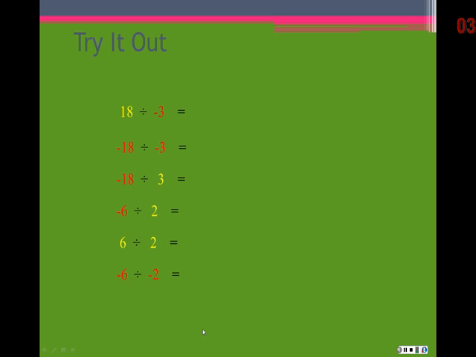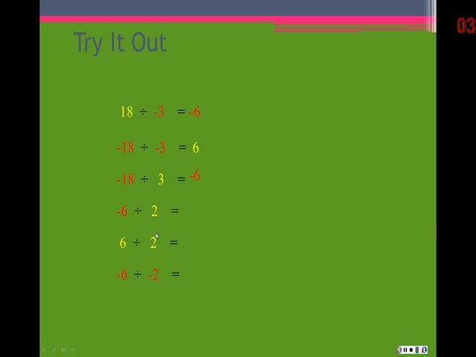Now, remember the same rule applies for division. What is 18 divided by a negative 3? Negative 6. What is negative 18 divided by negative 3? Positive 6. Negative 18 divided by positive 3?